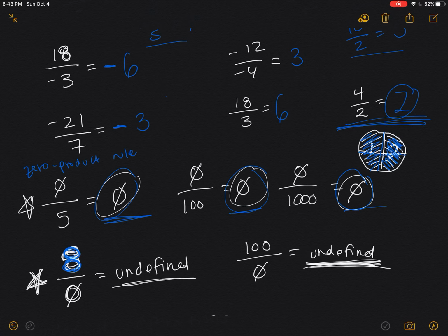That's not possible, right? I can't take something and break it apart into nothing. Something exists and I can't make it into non-existence.